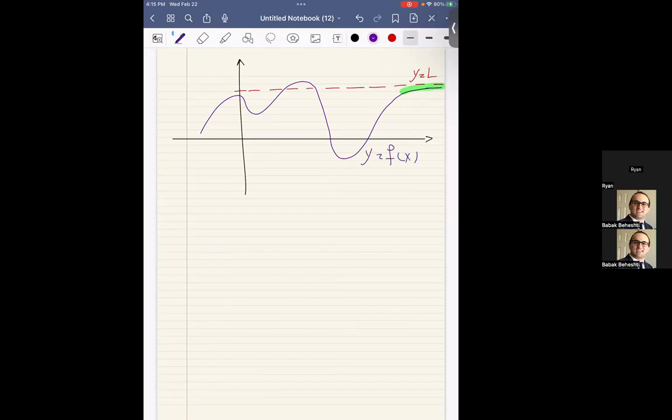So the limit of f of x, x goes to plus infinity, is L in this picture. So we say that y equal to L is a horizontal asymptote.